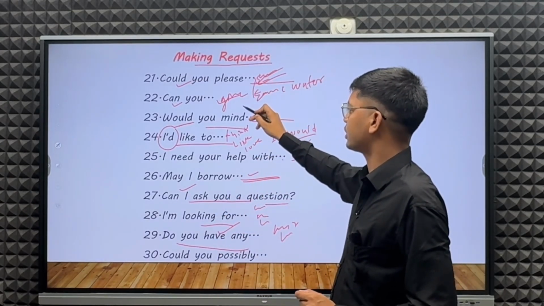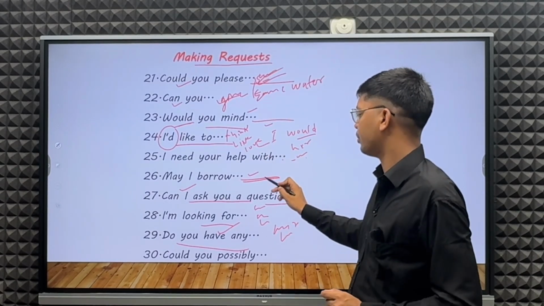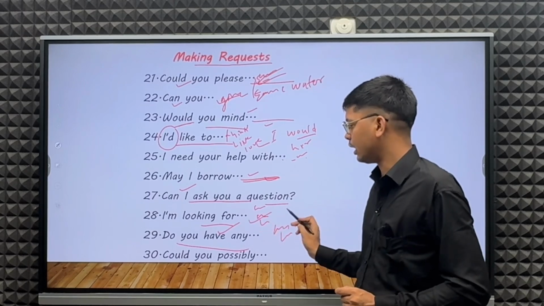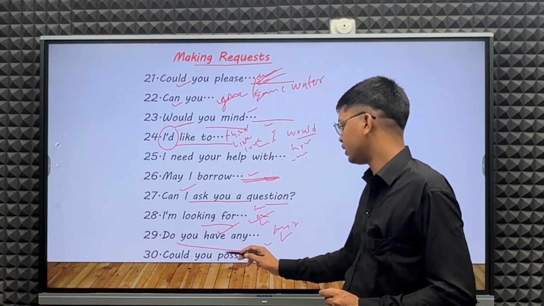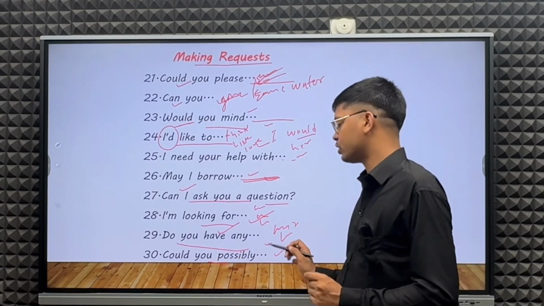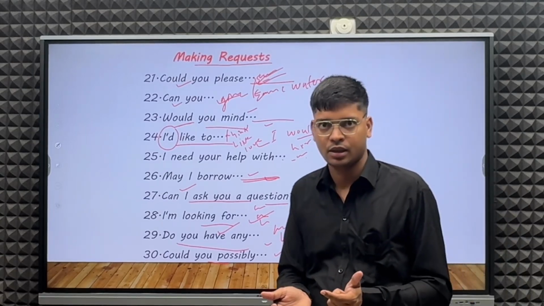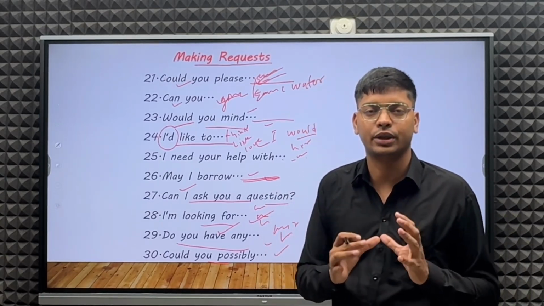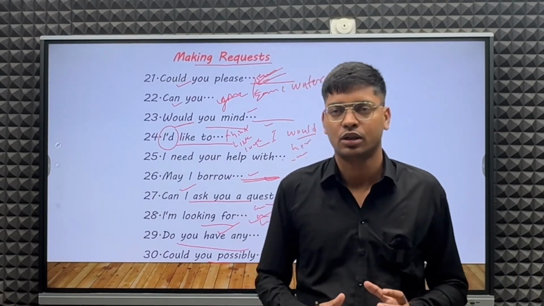Okay, could you please, can you, would you mind, I would like to, may I borrow, I am looking for, could you possibly. You can use these types of sentences to create any request and new sentences.